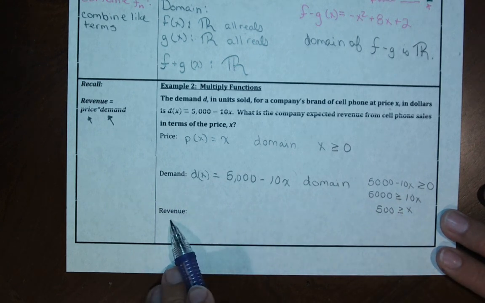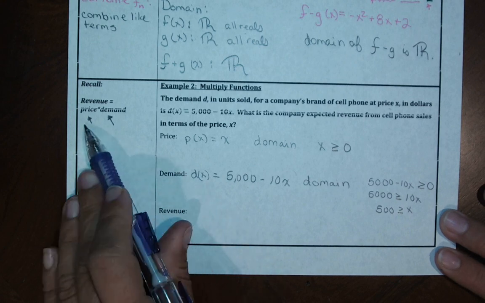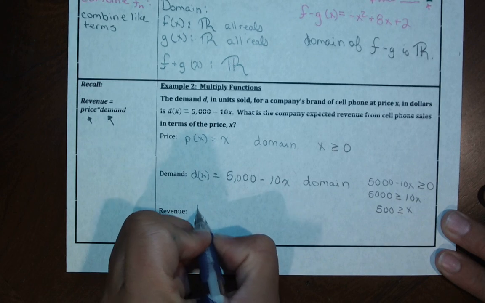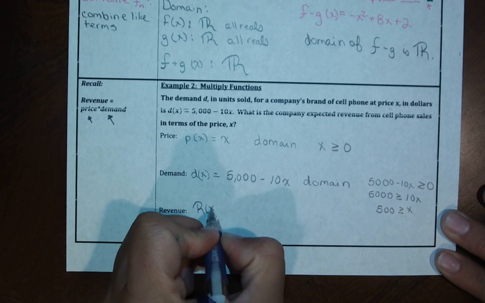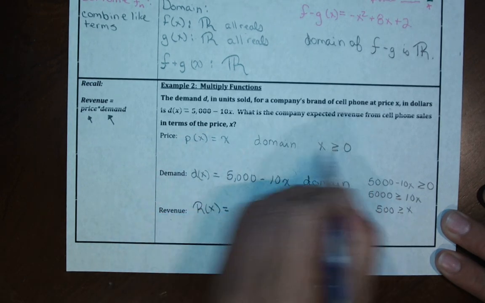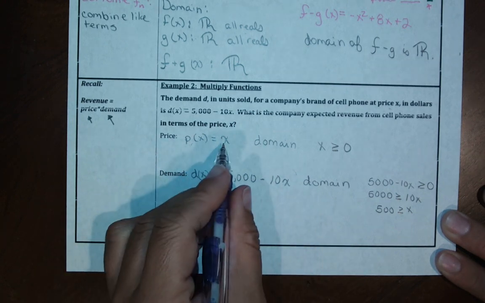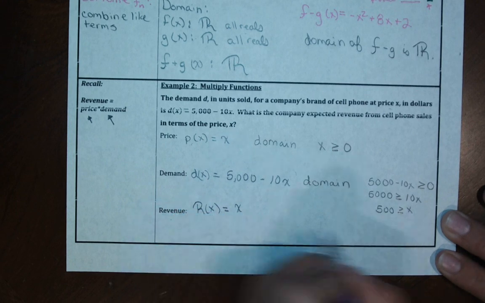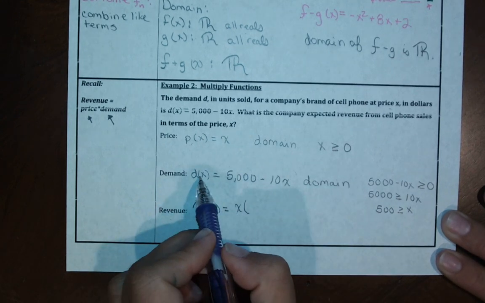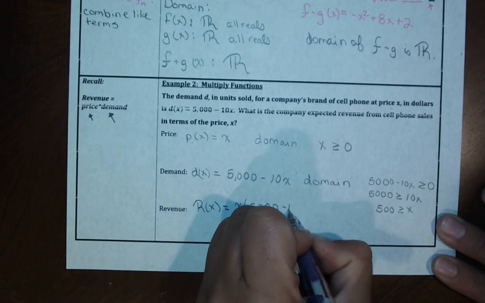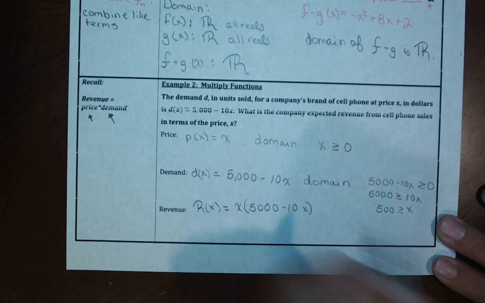Okay. Now, revenue. We said revenue is price times demand. So revenue, we'll call that R of X, is going to be my price, my P of X, which we said is X, times my demand, my D of X, which is 5,000 minus 10X.